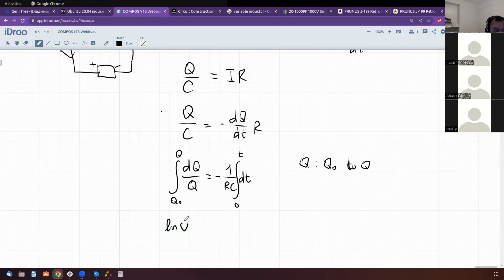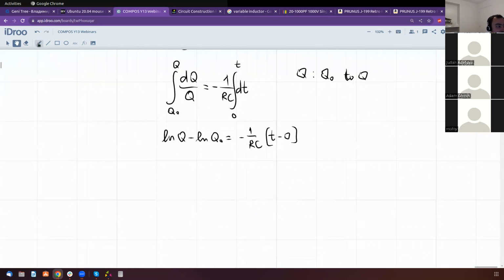So it's logarithm q minus logarithm q0 equals minus 1 over RC. And the integral of dt is t, so it's t minus 0. And here we get logarithm of q over q0 is equal to minus t over RC.